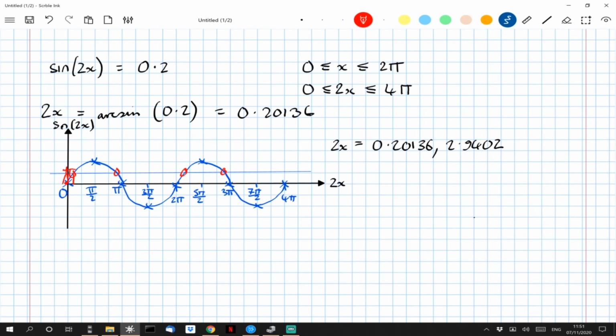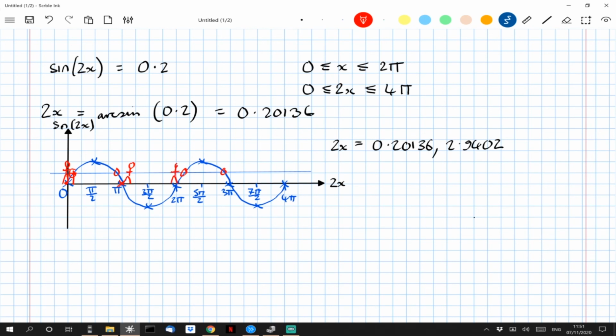And just to clarify why I'm adding to some and taking away from some, what I imagine is somebody starting at the beginning of the graph. So a bloke standing at the beginning of the graph, and to get the first solution, he has to walk 0.20136. So the corresponding person standing at the other side of the hill, because of the symmetry of the hill, has to walk the same distance but in the opposite direction. So it's pi take 0.20136.